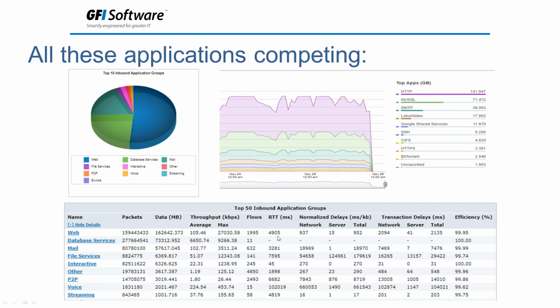We look at the flows, round trip time. We look at if there are any server delays, network delays, transaction delays, and then we also look at the overall efficiency. So as you can see here, web traffic has a 99.95% efficiency, which is pretty good. That's pretty darn good.